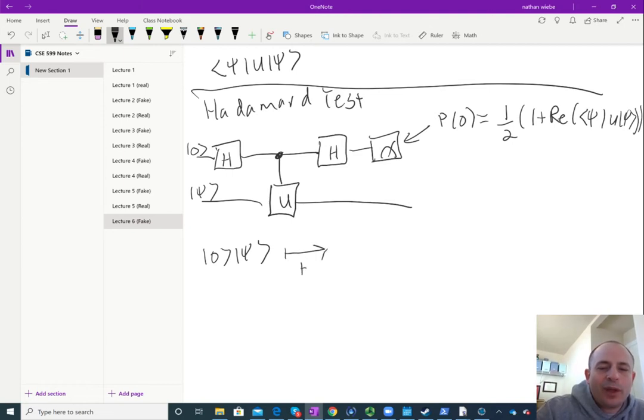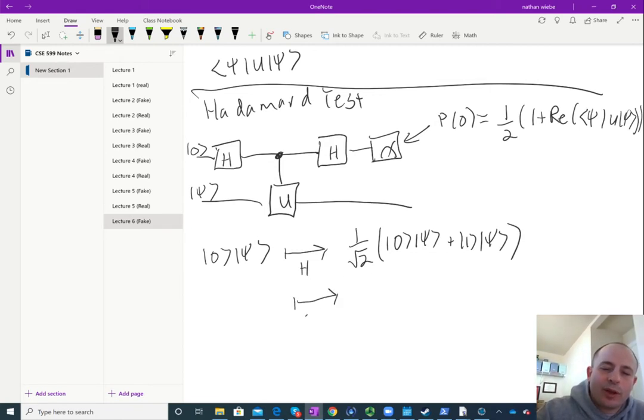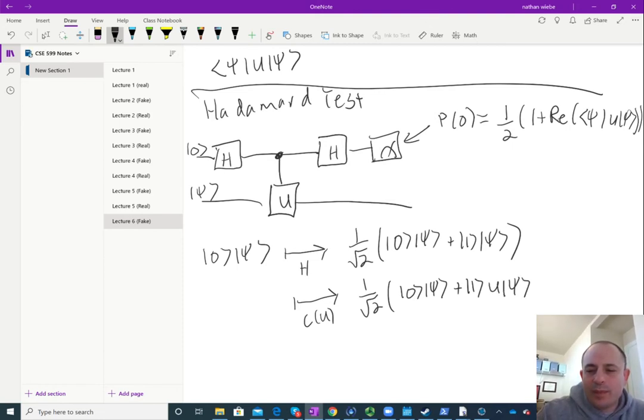First thing we do is we apply a Hadamard transform on the top quantum bit. We end up getting 0 psi coming out of it, and then 1 psi on the other branch. Now we perform a controlled unitary operation over here. This will only apply the unitary operation if the first qubit is 1. And so therefore this maps to 0 psi plus 1 u psi.